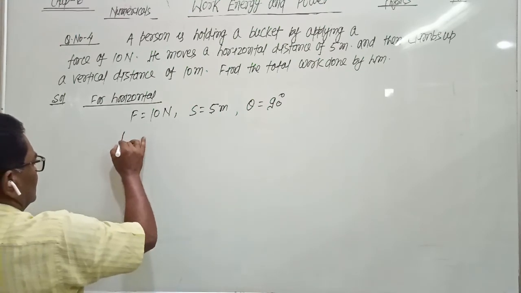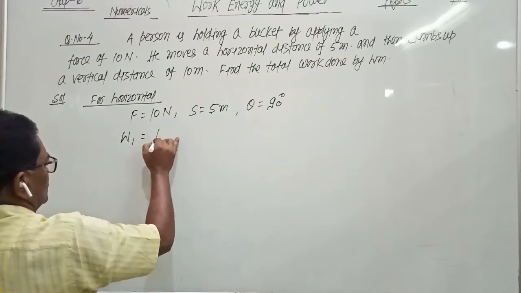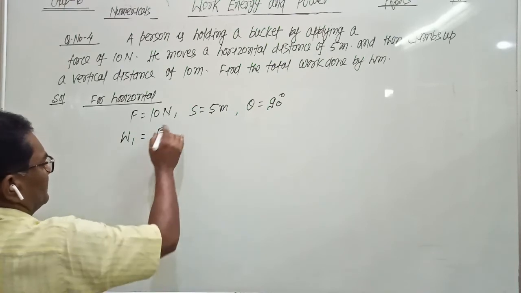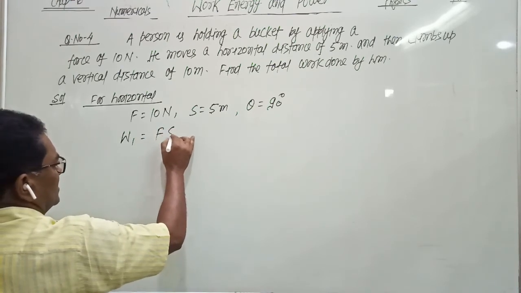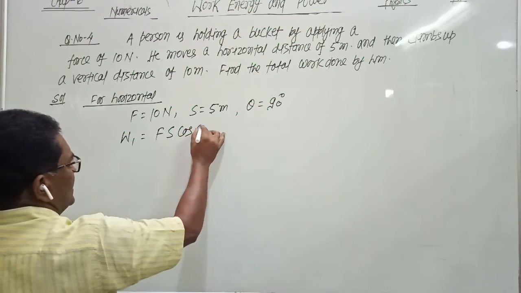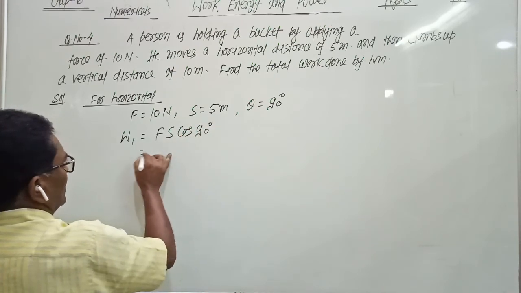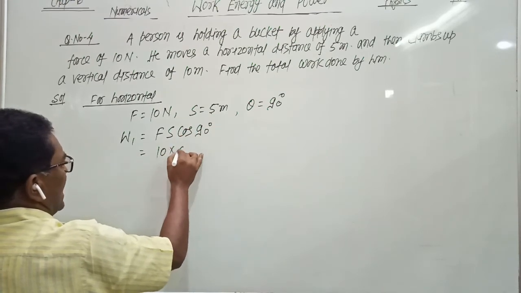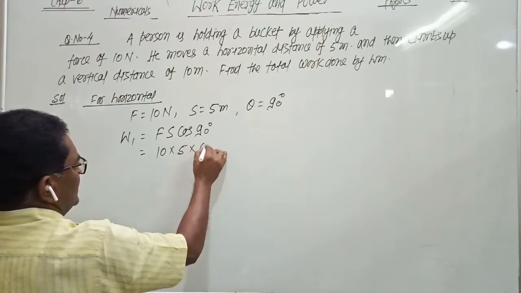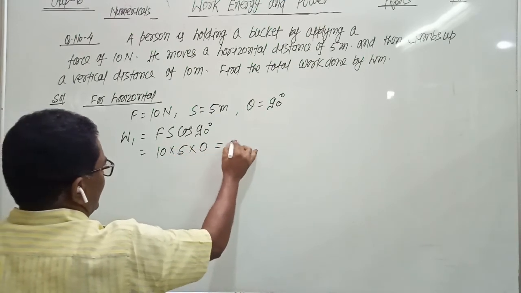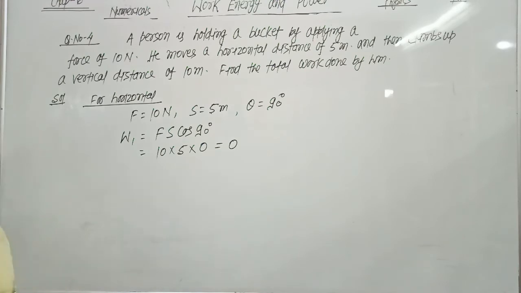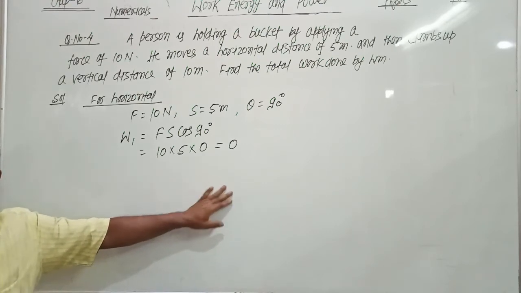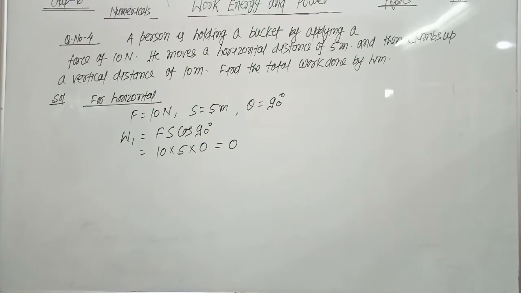So work done W1 equals F S cos theta, so F S cos 90 degrees. So 10 into 5 into cos 90 is 0. So the work done in horizontal direction is 0.